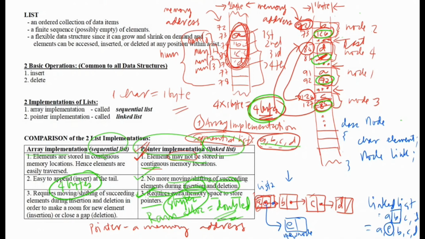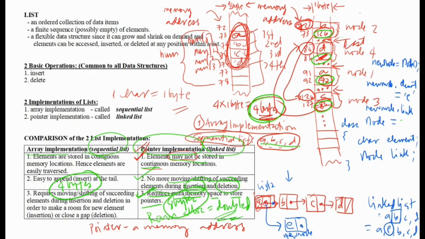How do you do that in Python? You would say new node is an instance of node, and then you say new node dot element is equal to E, the new element, and new node dot link is equal to, where do you want this to point?